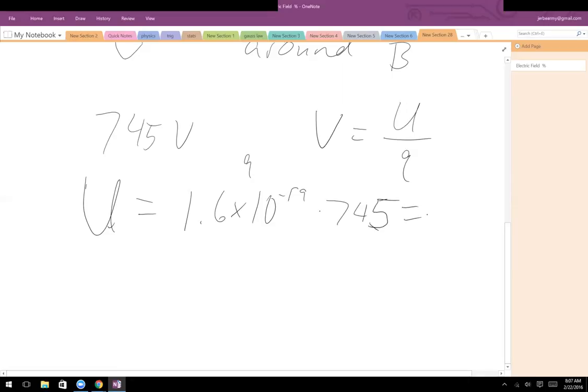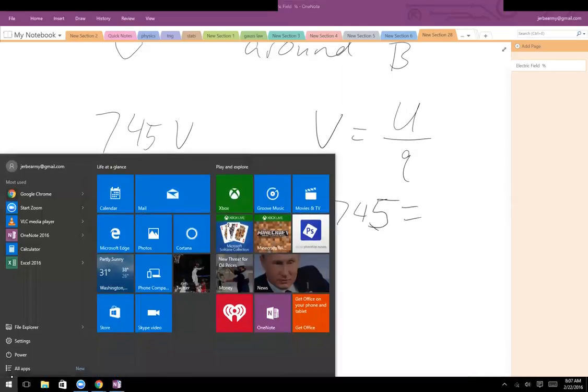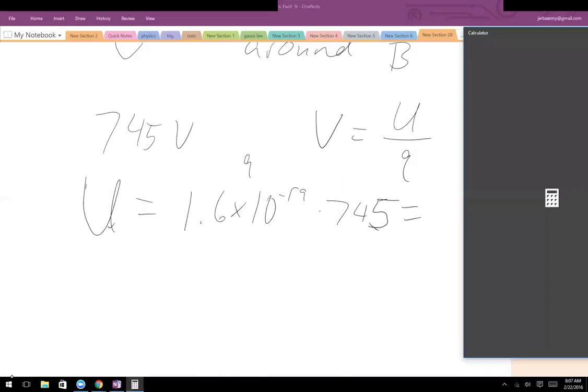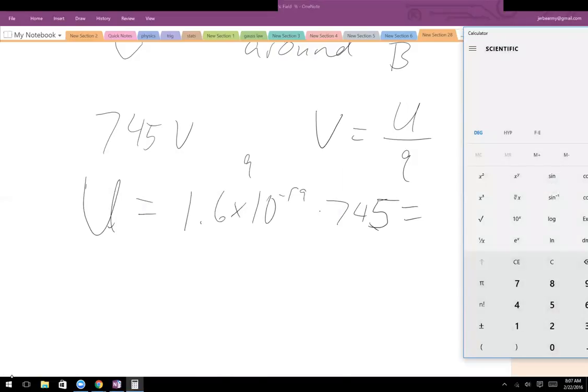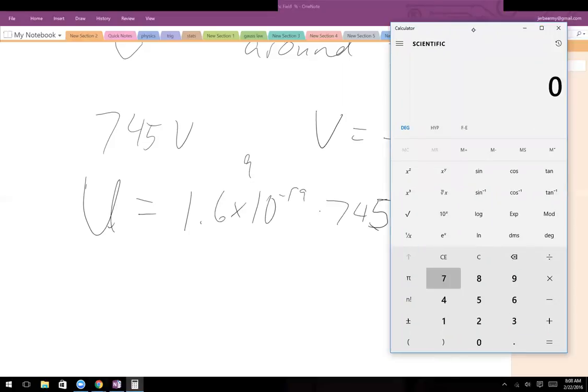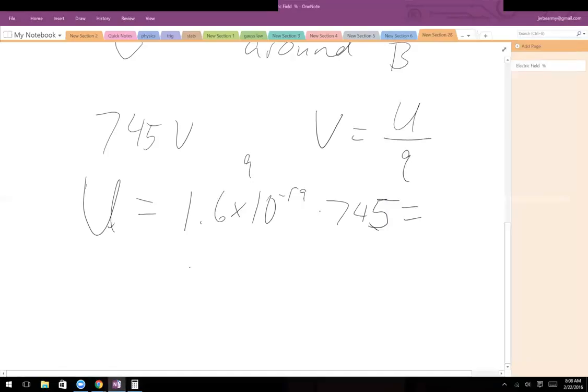All right, so let me grab my calculator right quick. 745 times 1.6 is 1.192, so that's going to be 10 to the minus 16th.